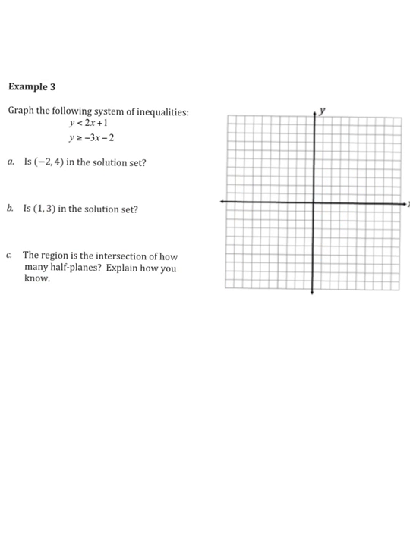For the first inequality, I'm going to start with its y-intercept of 1 and apply the slope of up 2 over 1. It's a dashed line, and all values for y are less than, so it's below the line.